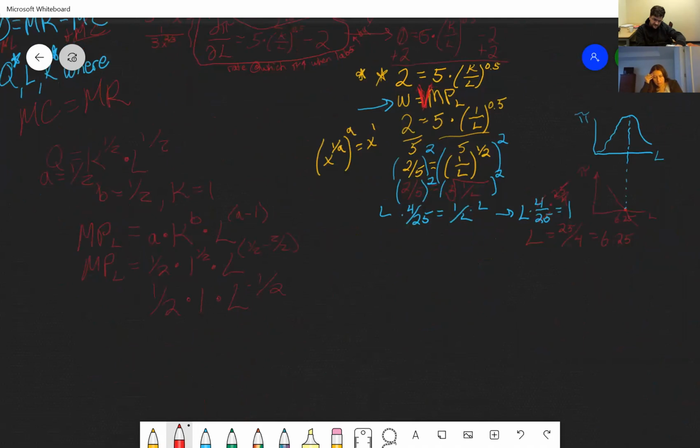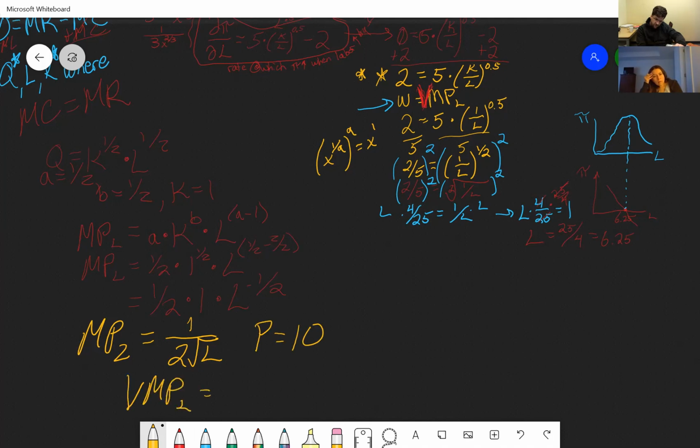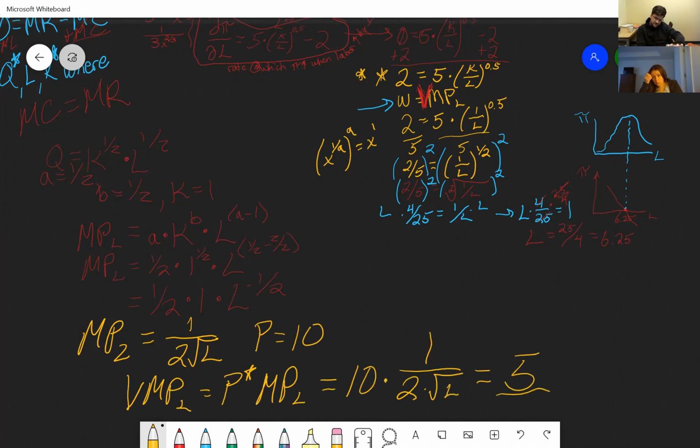So if this is the marginal product of labor, MPL is equal to 1/2 square root of L. Since we know that the price is equal to 10, and the value of the marginal product of labor is nothing more than the amount that you contribute towards that price, it ends up being 10 times 1/2 times the square root of L, or 5 divided by the square root of L.